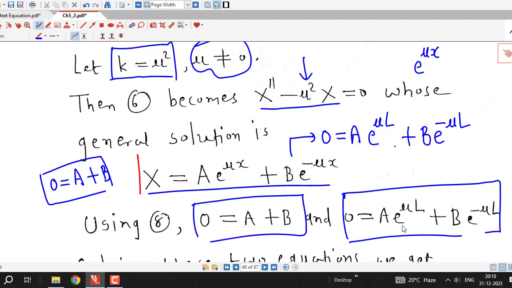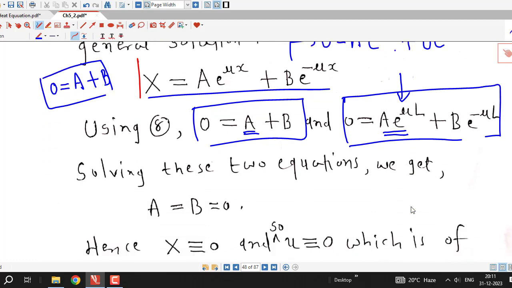So to solve this, we can consider these two terms here. Here I have a multiplied with e raised to mu L, so I can multiply this equation by e raised to mu L. Suppose I multiply this whole equation by e raised to mu L, I will have this equation, and then I can subtract this equation from this equation.